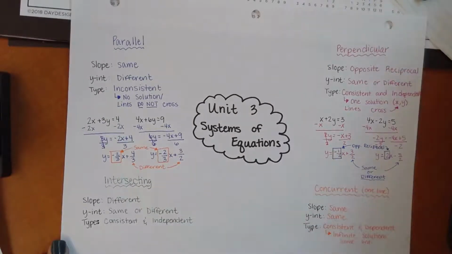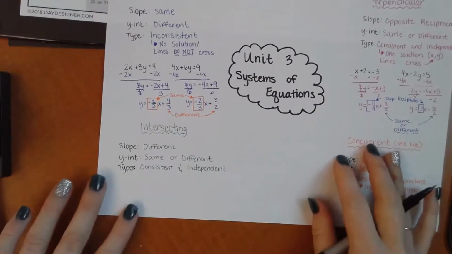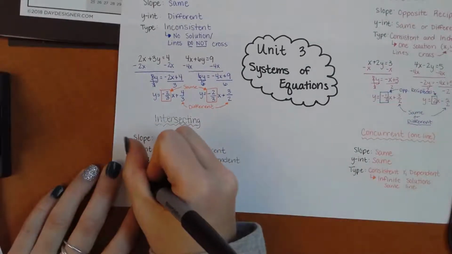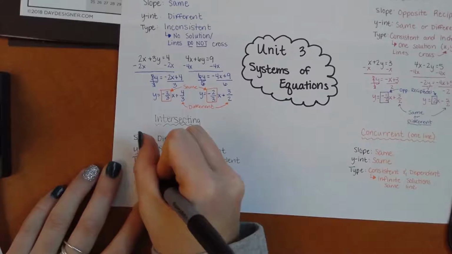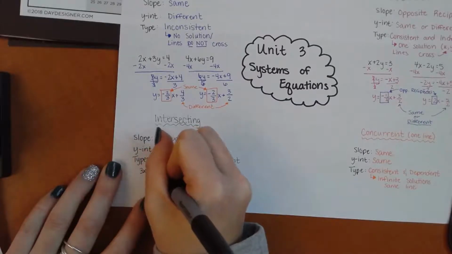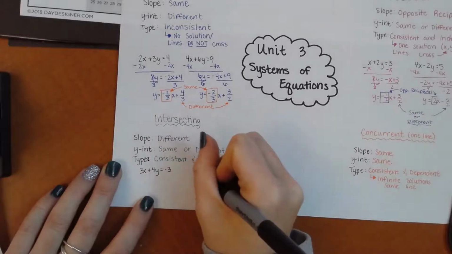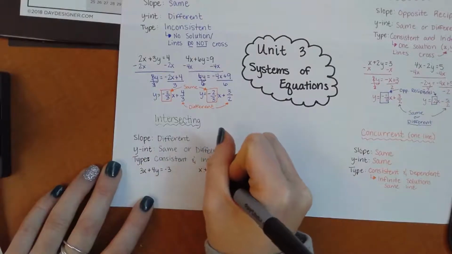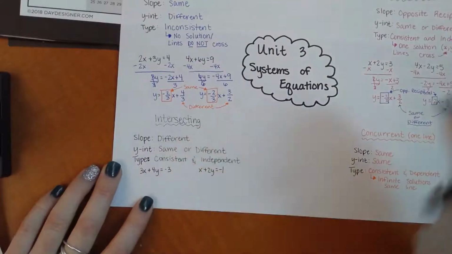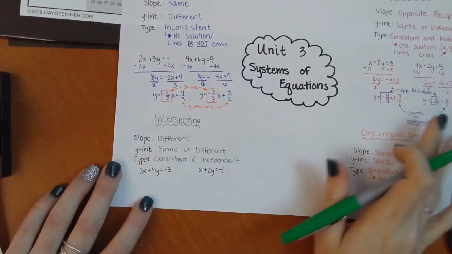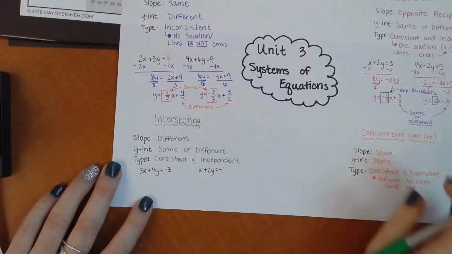So now let's do an intersecting. So 3x plus 4y equals -3, and x plus 2y equals -1. So just like the other two, I'm going to want to put them in the same form.